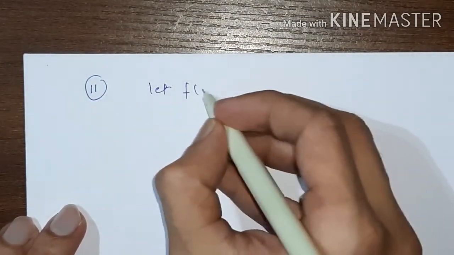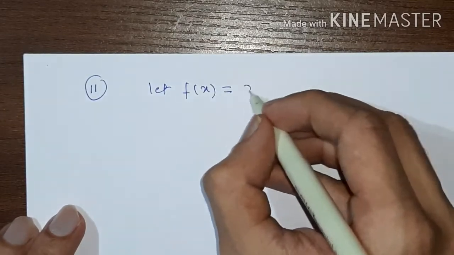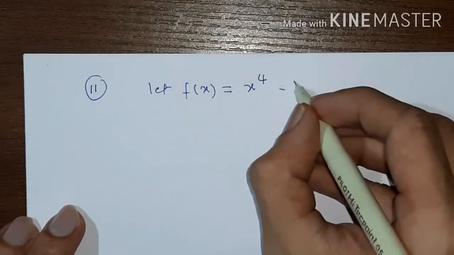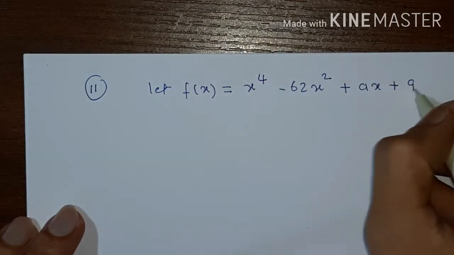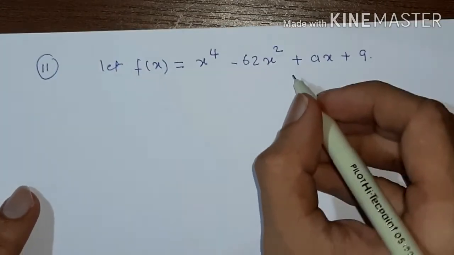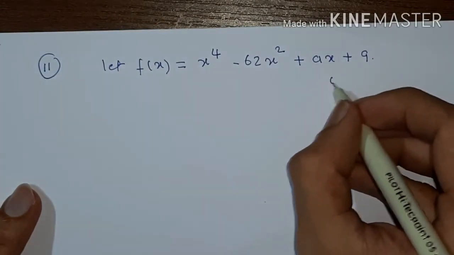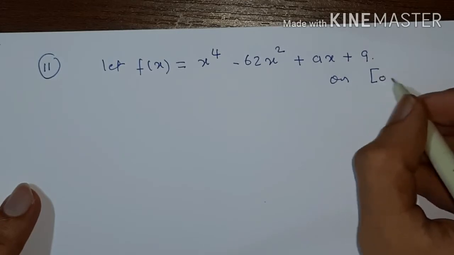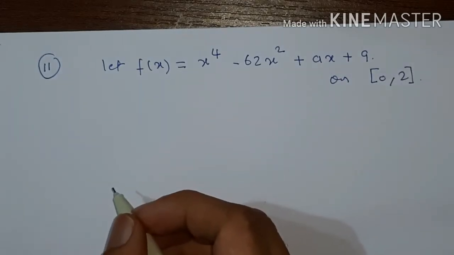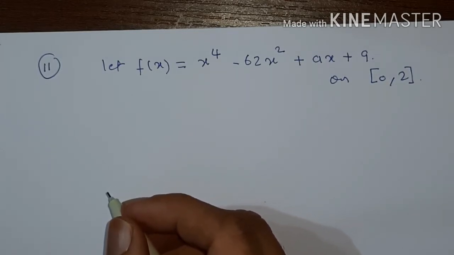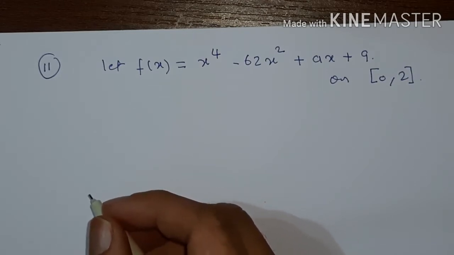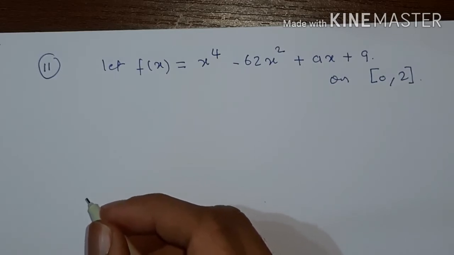Let f of x be equal to x raised to 4 minus 62x square plus ax plus 9, on the closed interval 0 comma 2. Now it is given that x equal to 1 is the point at which the function attains its maximum value.